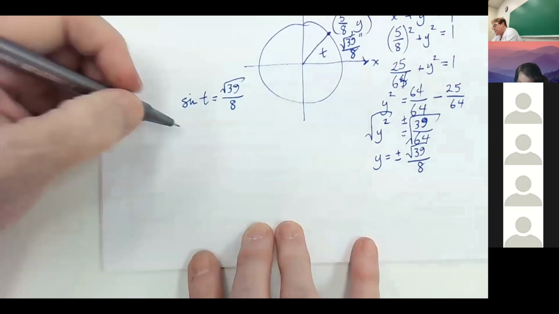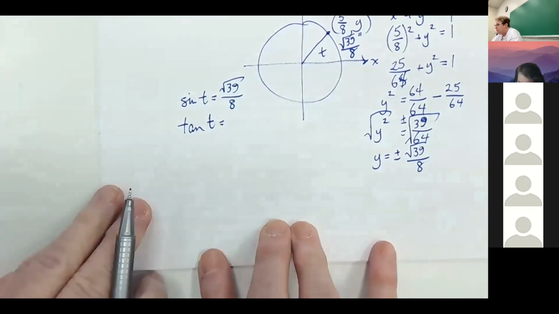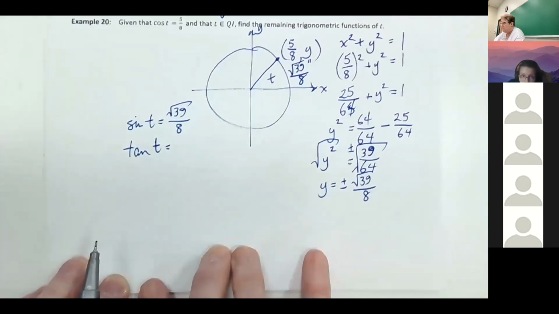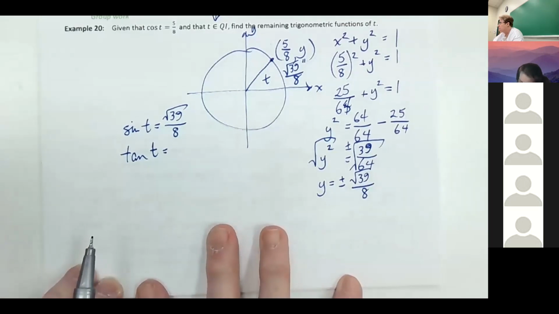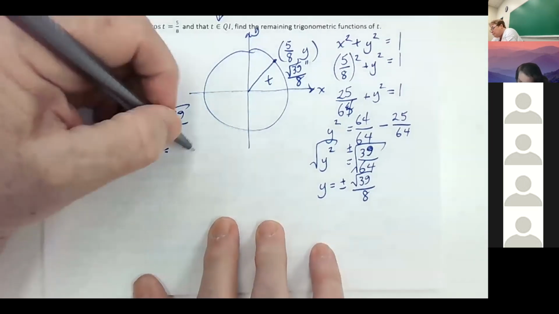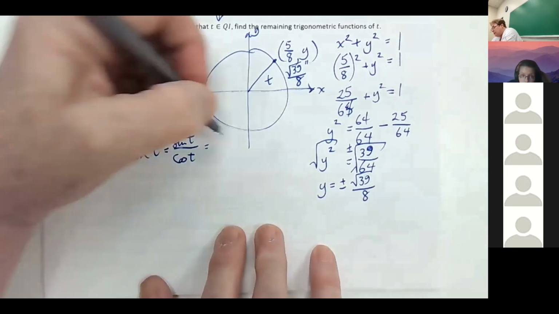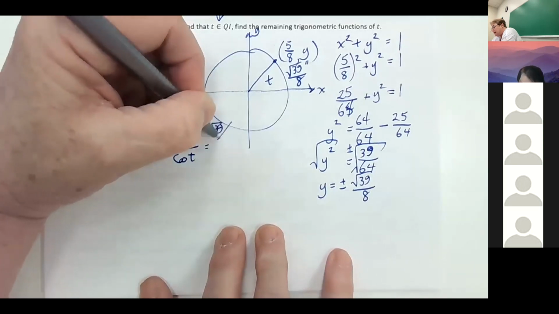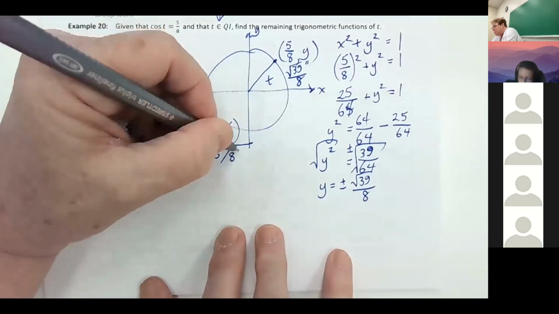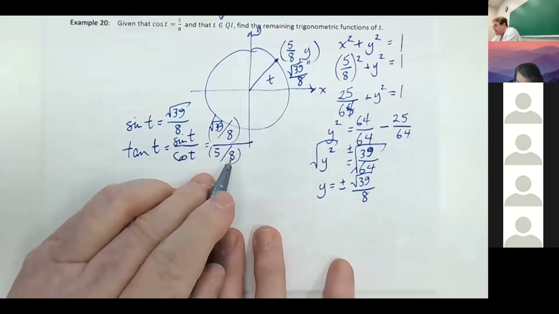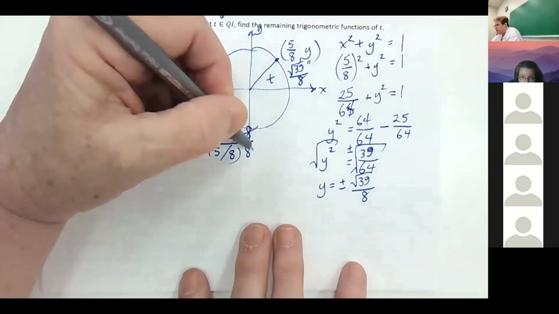We've got the cosine. Let's find the tangent. What is tangent? So we have square root of 39/8 divided by 5/8. Both of these denominators are 8. So I'm going to multiply by 8/8 and get rid of those denominators.